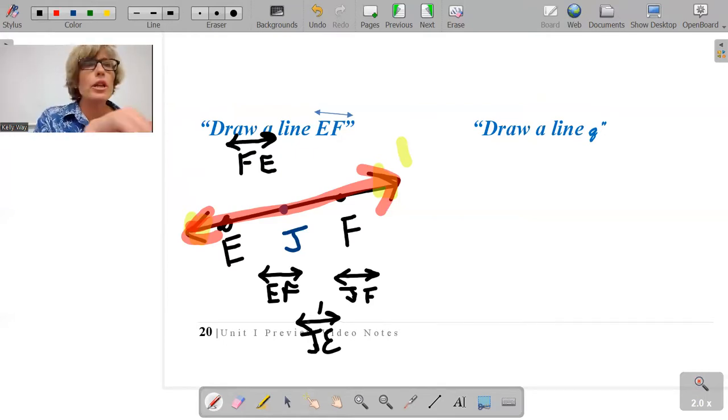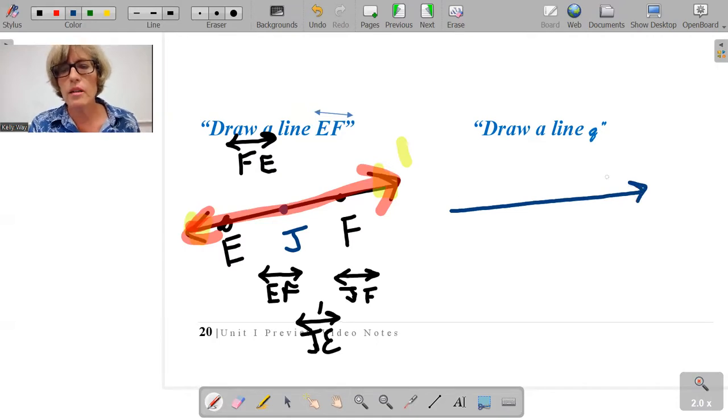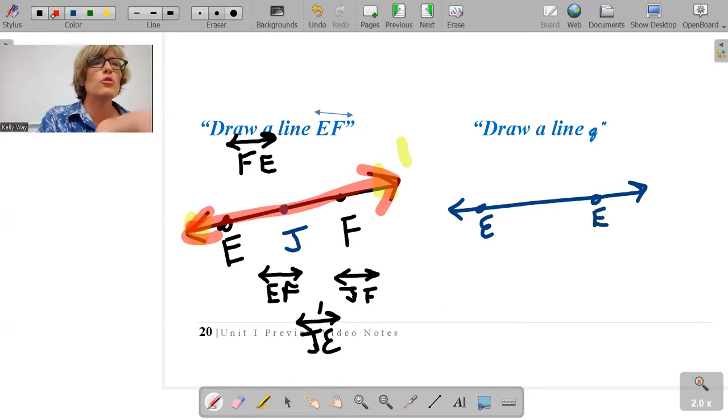Now, another way we name lines in geometry, same line, let's say I had an E and an F, but I just want to name the entire line. For speed's sake, I can use a lowercase cursive letter at either end.